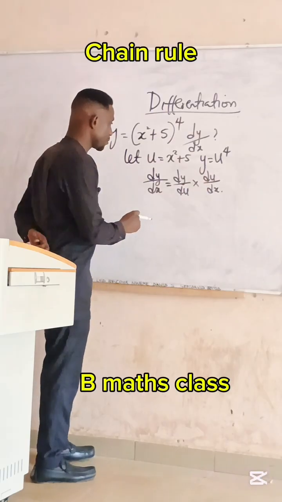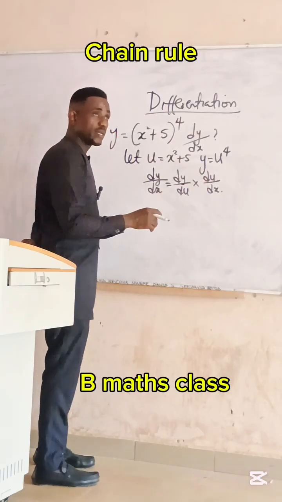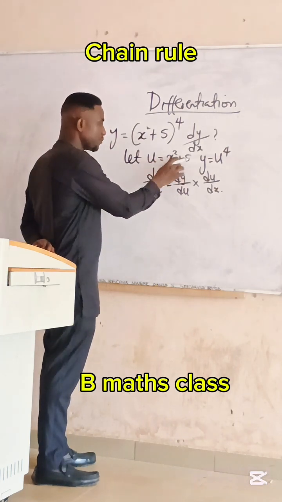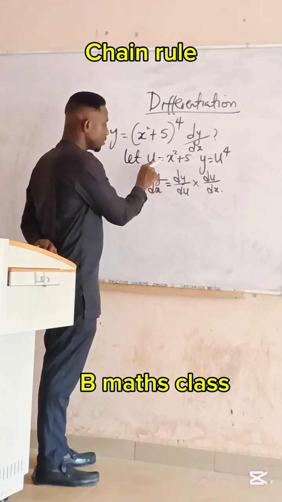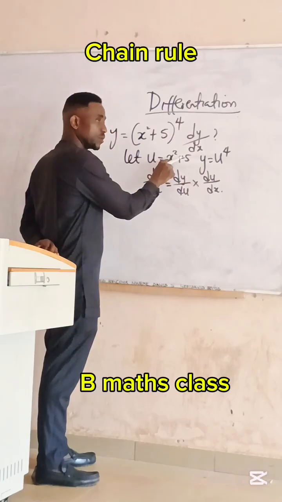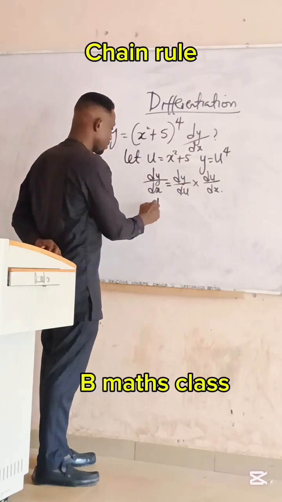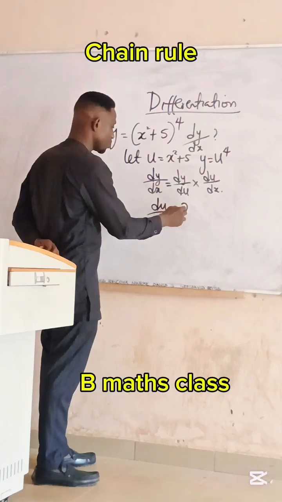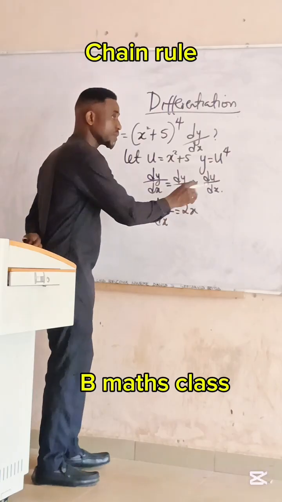So what do we have here? You will now notice also that we have to differentiate u for us to get du/dx. Differentiating u with respect to x, we have du/dx is equal to 2x.